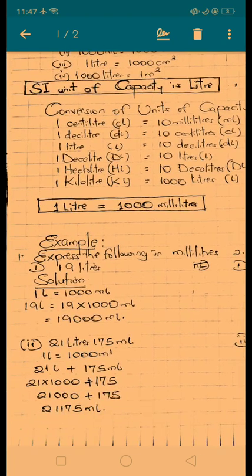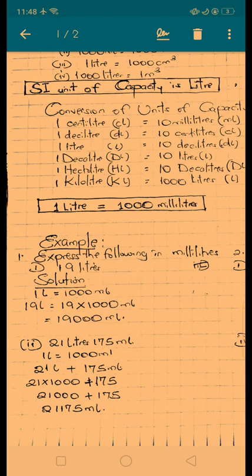Now I'll take you through some examples, the basic ones and up to the word problems. Express the following in milliliters. When you are converting from one form to another, it is important to state, for example, from liters to milliliters, that 1 liter is equal to 1000 milliliters.